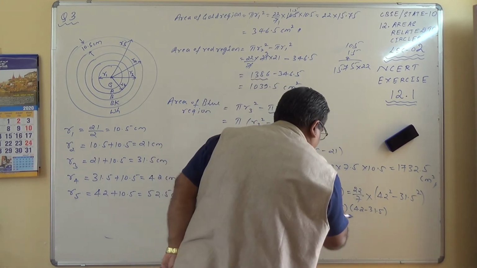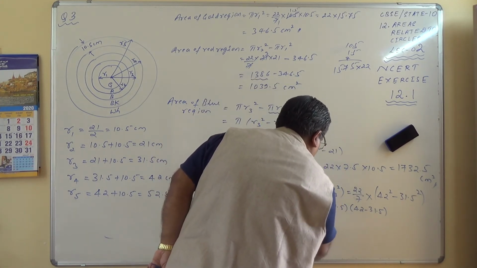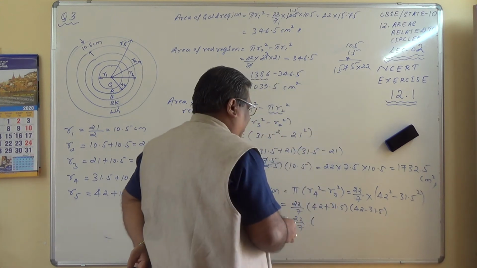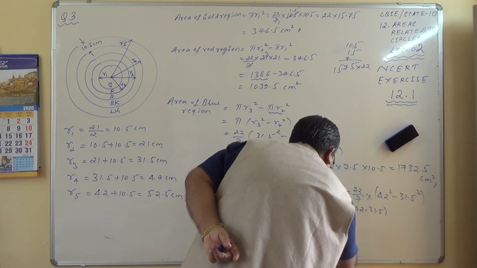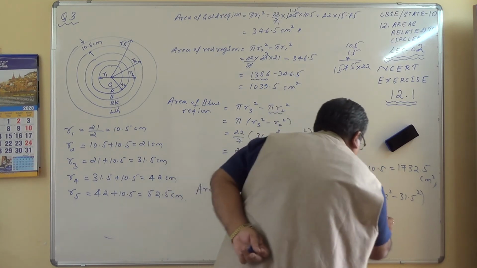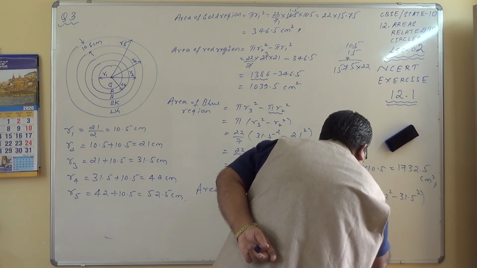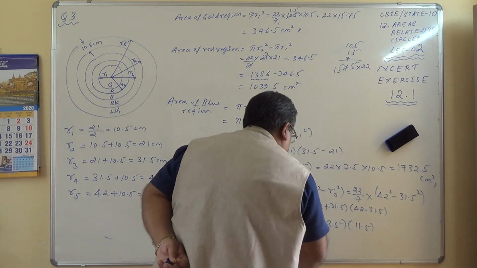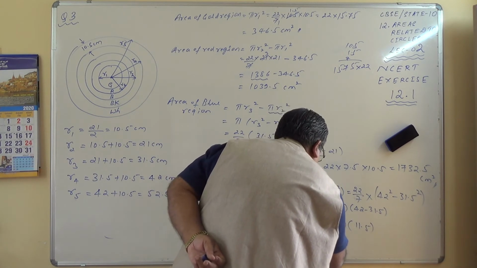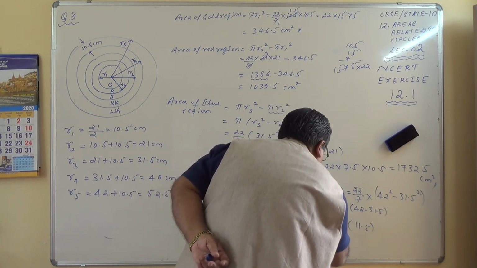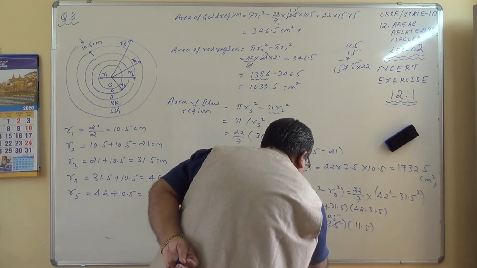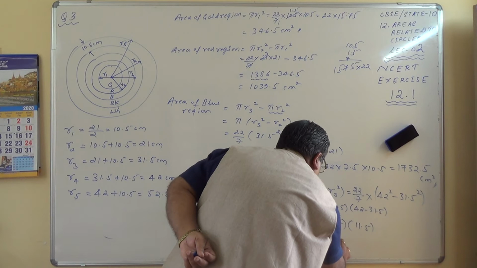Sorry, no, I am subtracting here. Same thing happened. 42 plus this is plus here. 42 plus 31.5 is 73.5, into 42 minus 31.5. So this is equal to 7 ones are 7. Okay, this is 22 into 10.5 into 11.5.